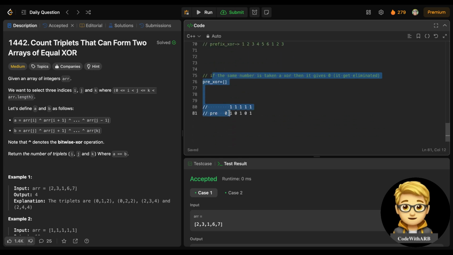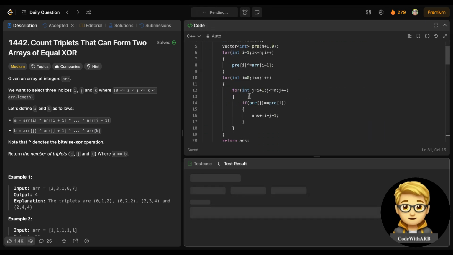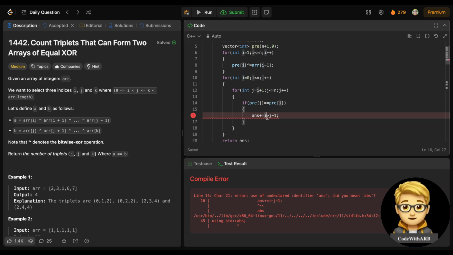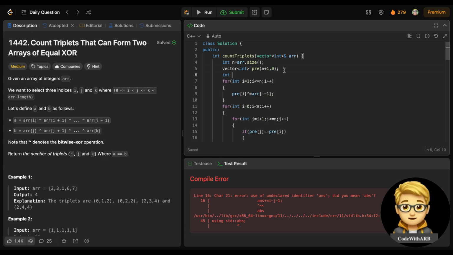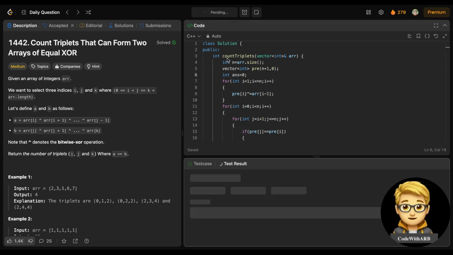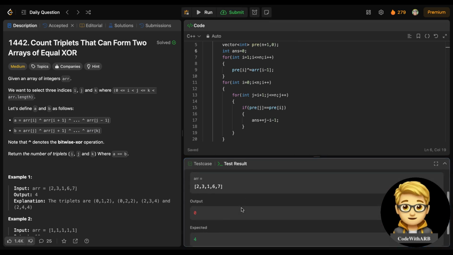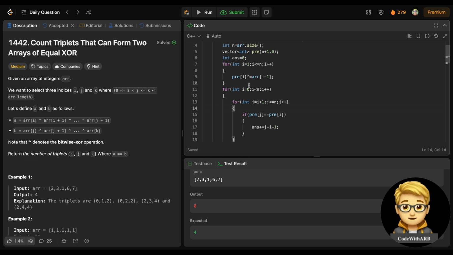Let's try to run this. Okay, this should be j minus i plus 1, i minus 1. Something is wrong.